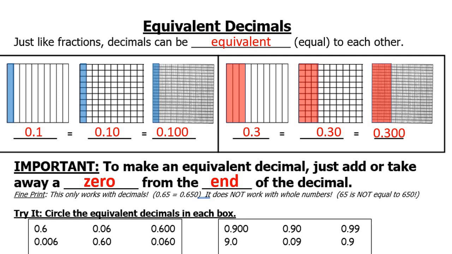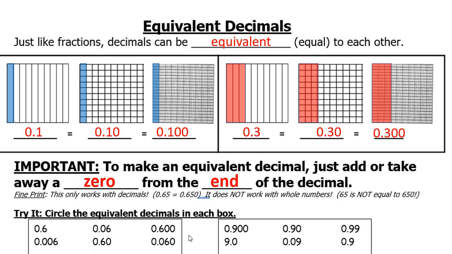That's all you have to do. The fine print here is that this only works with decimals. We can take 65 hundredths, add a 0 to the end, and make 650 thousandths, and those will be equal to each other. It does not work if we're dealing with whole numbers. 65 is not the same as 650. So again, all we have to do is stick zeros at the end, and that gives us decimals that are equivalent or equal to each other.